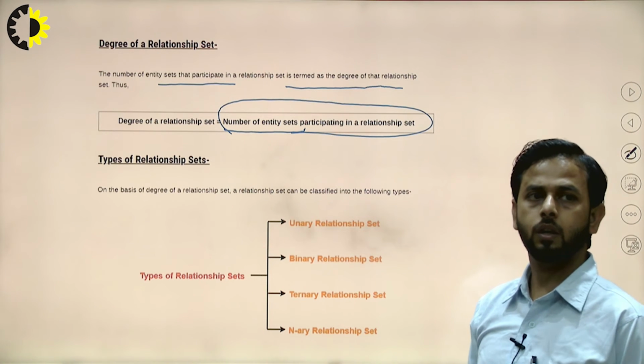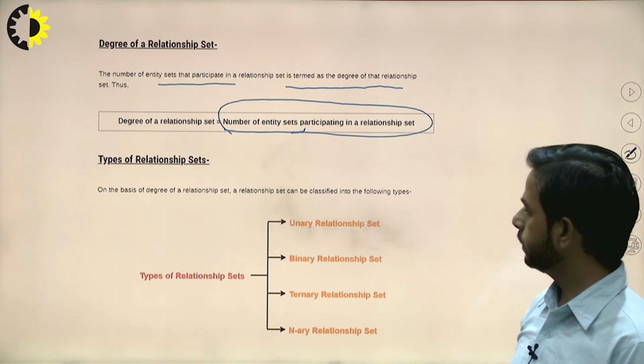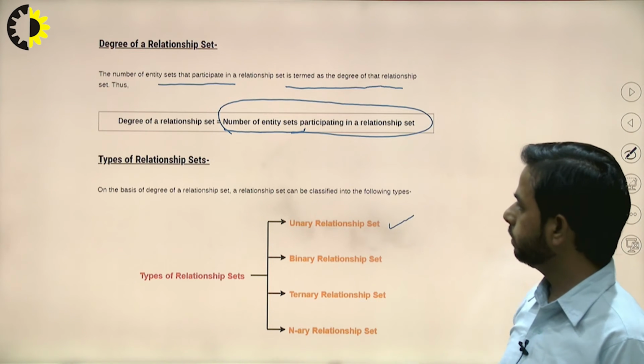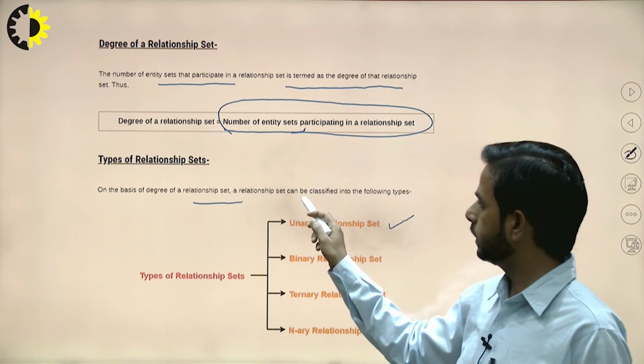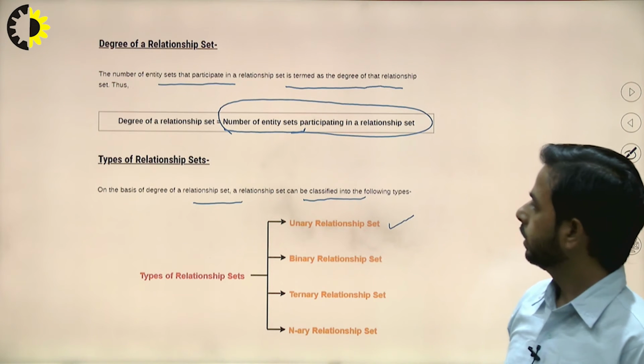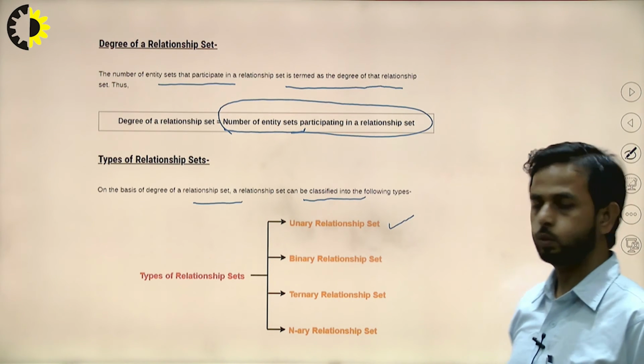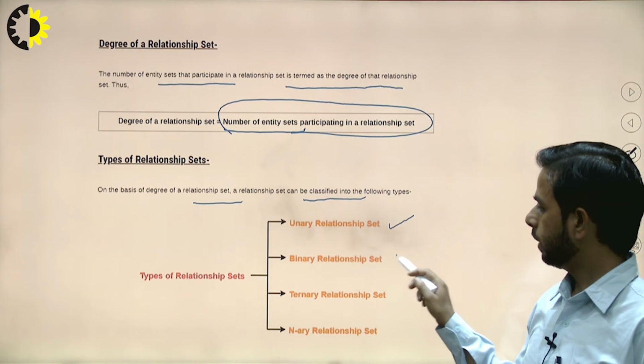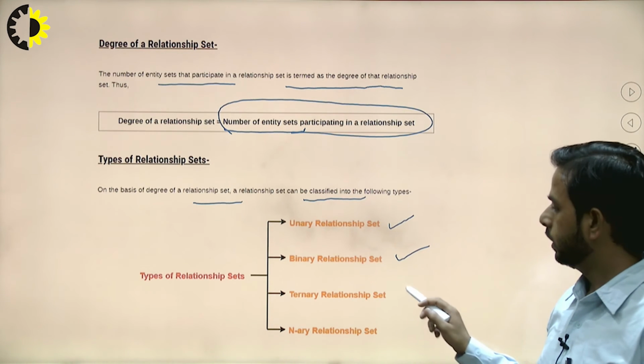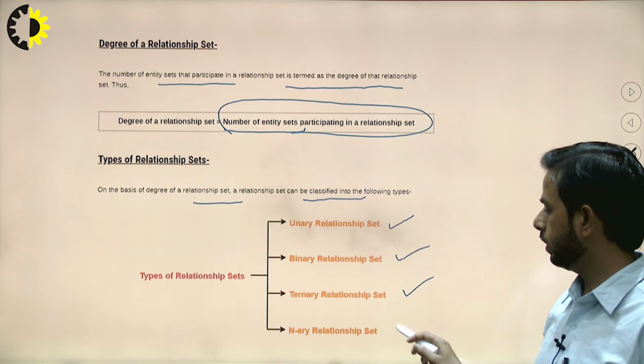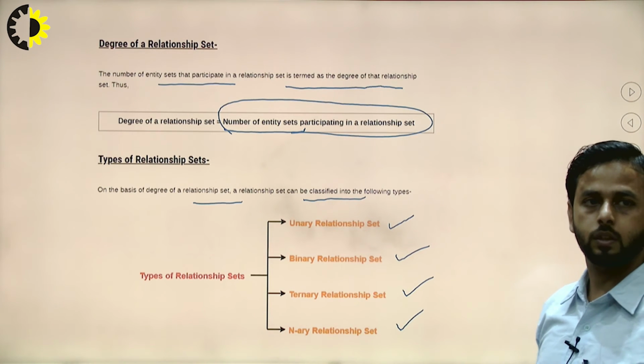There are various types of relationship sets. On the basis of degree, relationships can be classified into the following types: unary relationship set, binary relationship set, ternary relationship set, or N-ary relationship set.